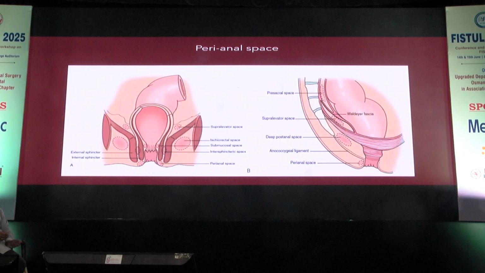Coming to the perianal spaces where the abscess cavity forms, you can easily differentiate them with this picture: the supralevator space above the external sphincter, the ischiorectal space, the intersphincteric space, and lining the mucosa, the submucous space.